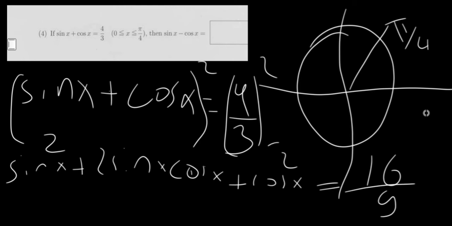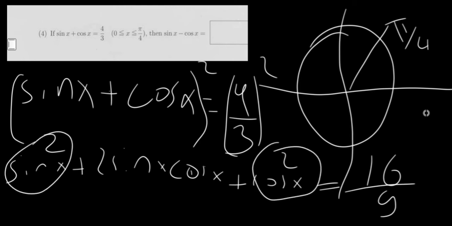Sine of x squared plus cosine of x squared is 1, right? So 1 plus 2 sine of x cosine of x is equal to 16 divided by 9.